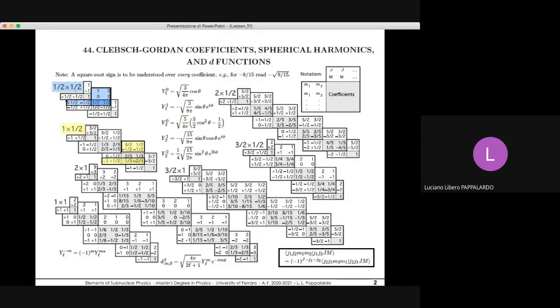Okay, so the situation is the one highlighted in blue. So this is our system, 1/2 times 1/2, 1, 0, 0, 0, plus 1/2, minus 1/2. So the square of the Clebsch-Gordan coefficients that we need are both plus 1/2. So let's substitute into our wave function.